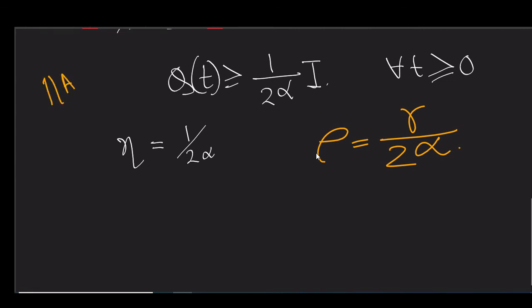Alpha is the one which gives us the upper bound of your A(t). So we got all three constants required to satisfy the condition of exponential stability. Now we will go and investigate the condition of instability.